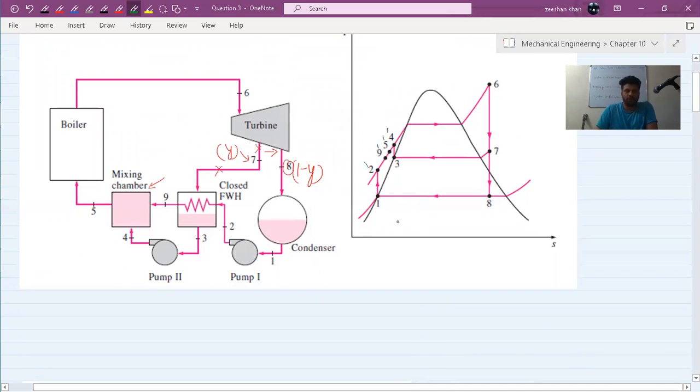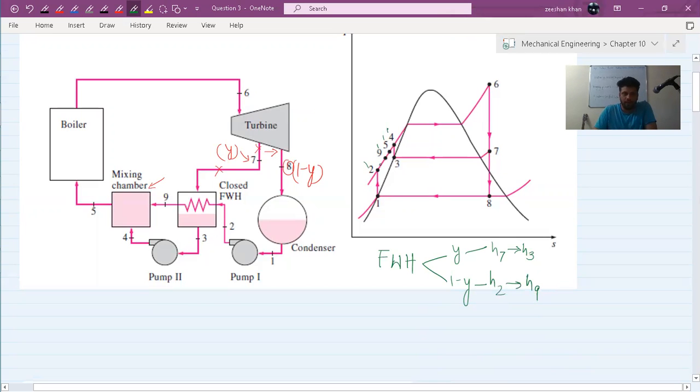So you need to understand that the feed water heater is responsible for bringing y amount of steam from state H7 to H3, and for bringing 1 minus y amount of steam from state number 2 to state number 9.